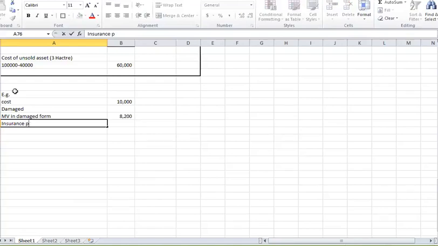Insurance proceeds of £3,000 have been received but not used for repairing within 12 months.